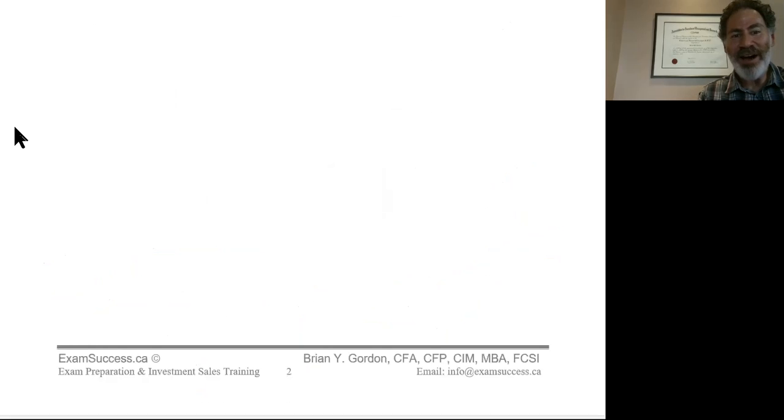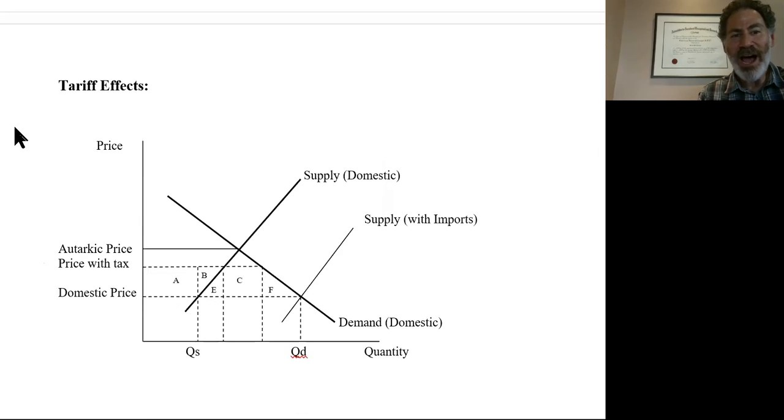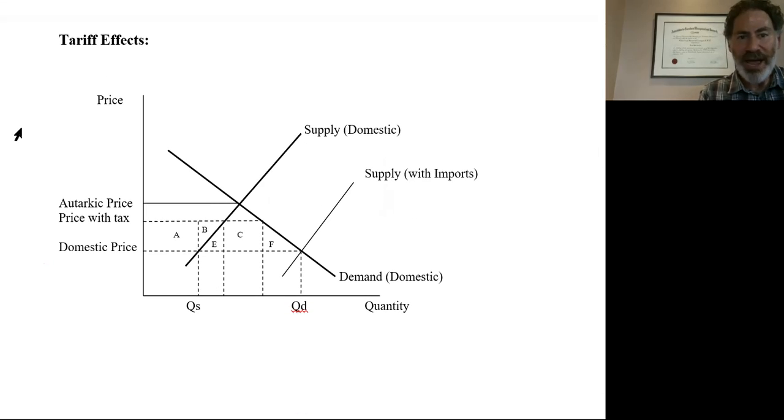Now, let me scroll down here and talk about trade and a tariff. So I prepared this picture here. I'm 99.9% confident that a question is coming on the effects of a tariff.